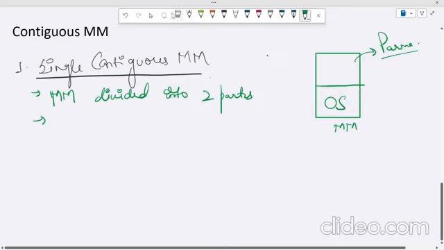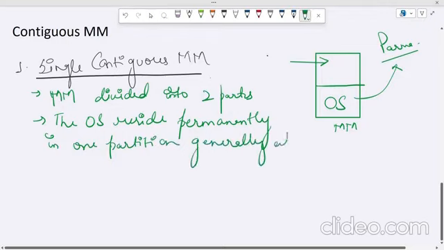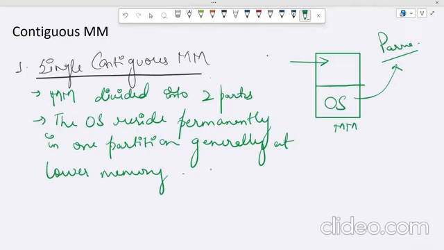So in a single contiguous memory management scheme, a process comes, gets the memory, does its work, then terminates. If you want to write it, you can write that the operating system resides permanently in one partition, generally at lower memory, and the user process is loaded in the other part. This is a single contiguous main memory.